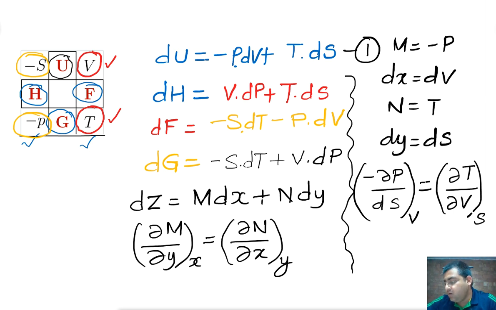So this is how you can derive the first Maxwell equation, in partial differential form. So we have derived that minus dou p by dou s for constant volume is equal to dou t by dou v for constant entropy. So this is how you can derive it.